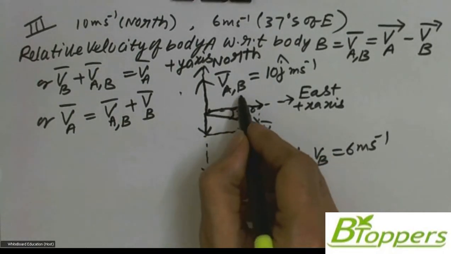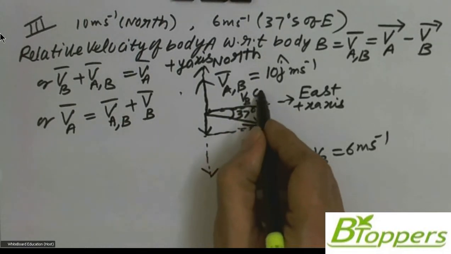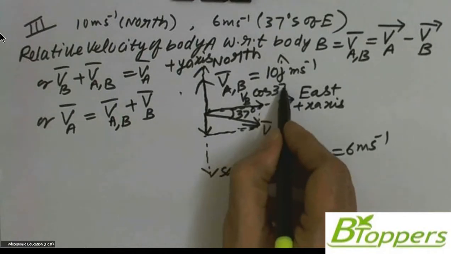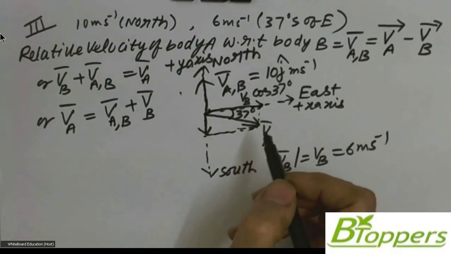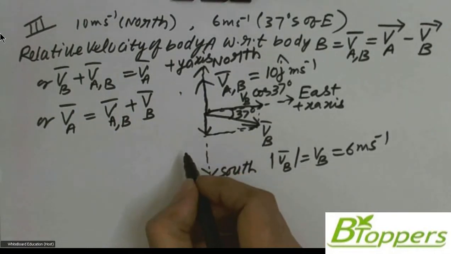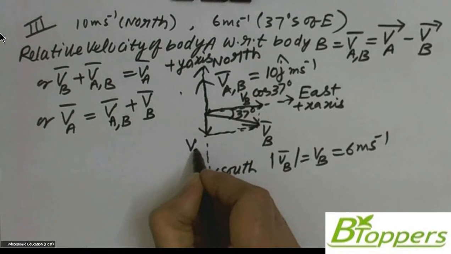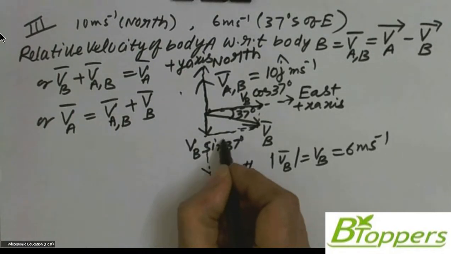So this component will be VB cos 37 degrees. And this component will be VB sin 37 degrees.